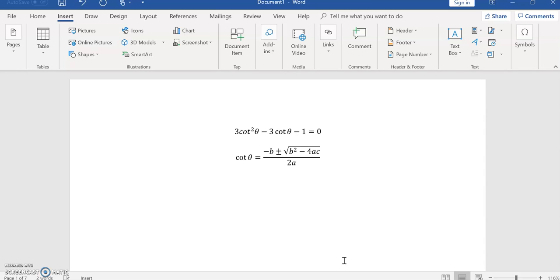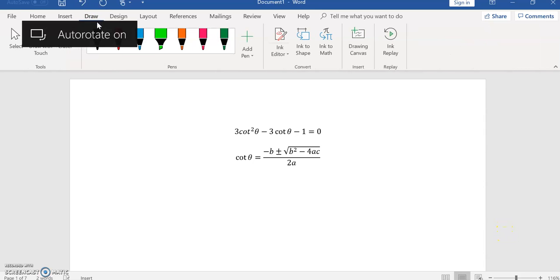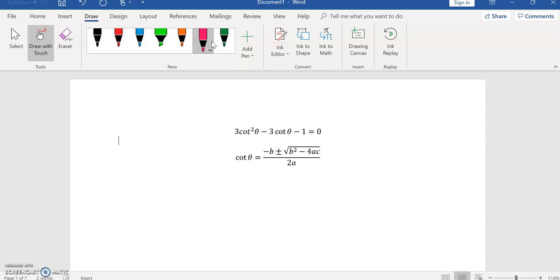It's just the quadratic equation, rather than giving me x equals something, is going to give me cotangent equals something, as you can see here. So I'm going to do the same thing I would do in any problem, and plug in the variables, but I'm going to have cotangent theta instead of x out here.